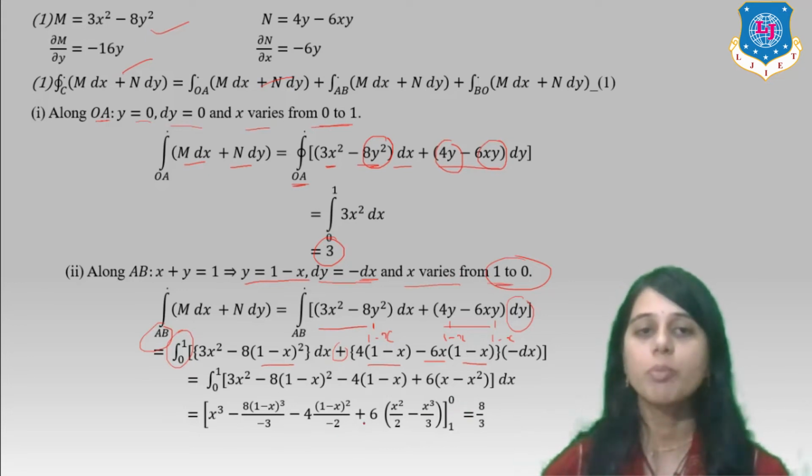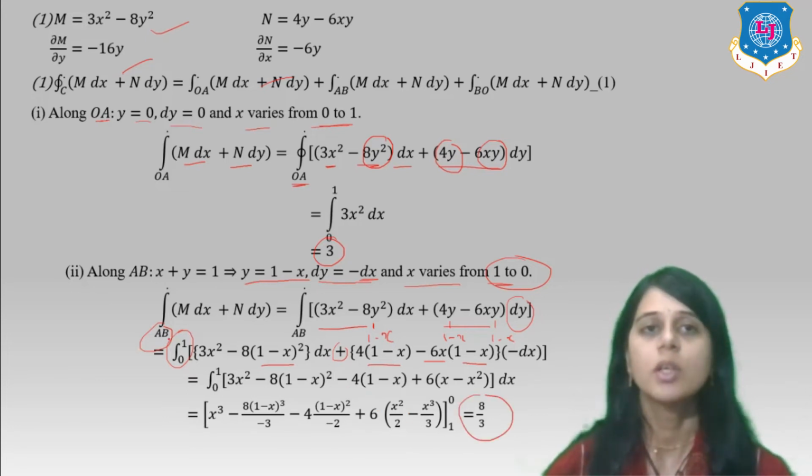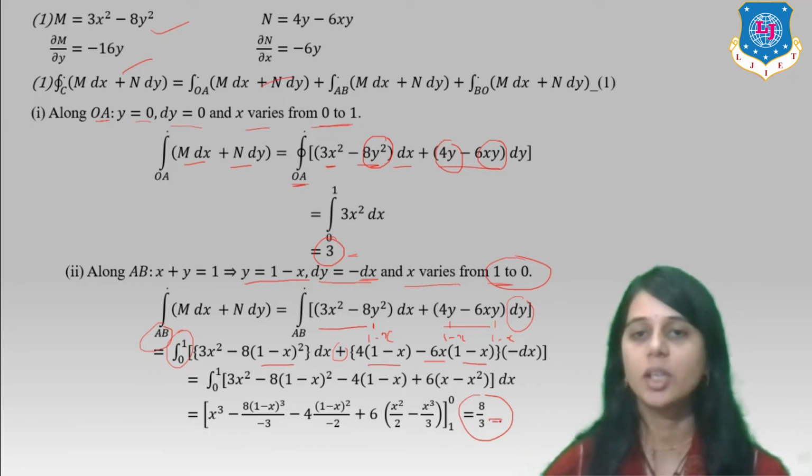Now put the upper limit 0 minus the lower limit 1, we get 8 by 3 for the AB path. So the answer of the OA path is 3, the AB path is 8 by 3.